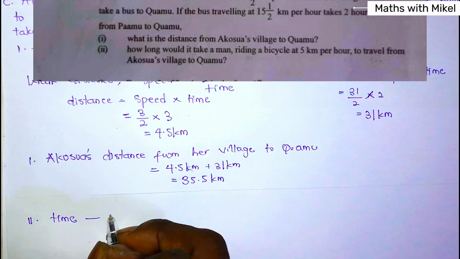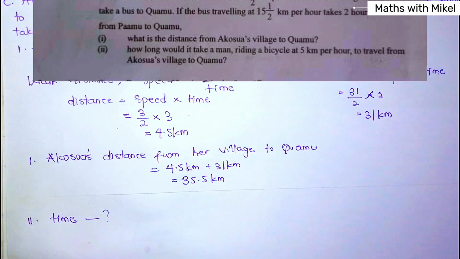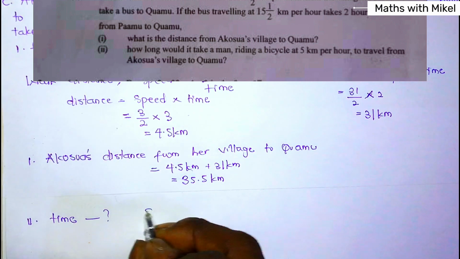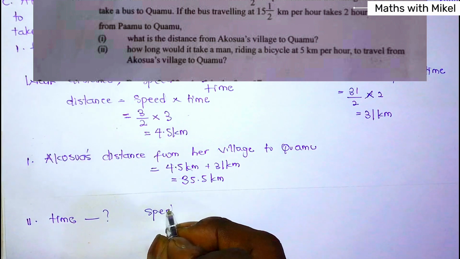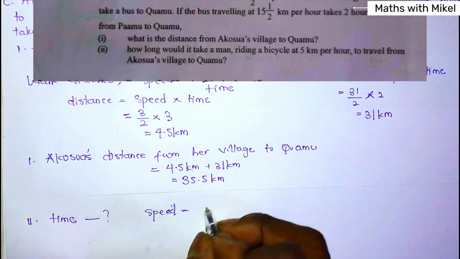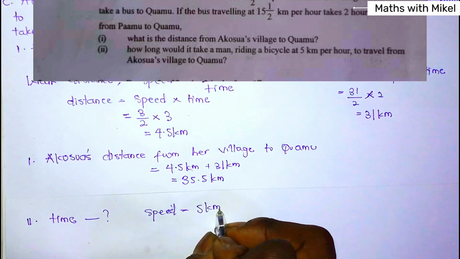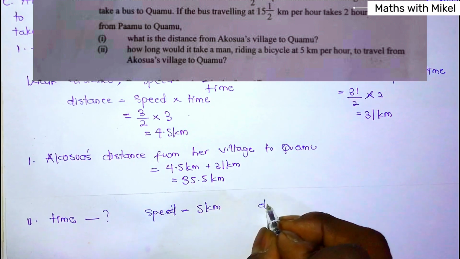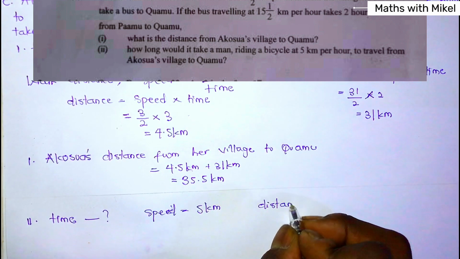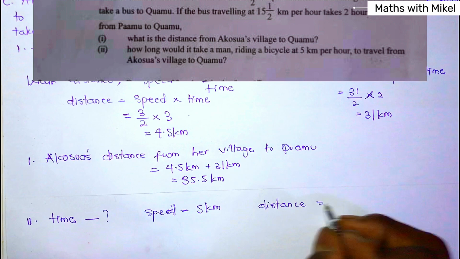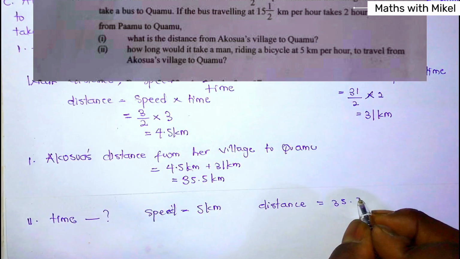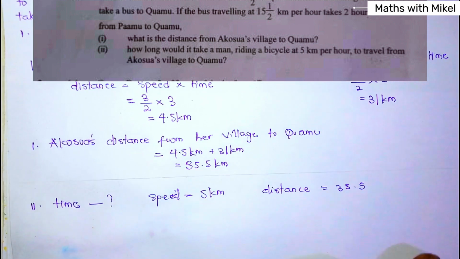So we don't know time, but speed is giving us 5 kilometers, and her distance is the new distance we just calculated, which is 35.5.